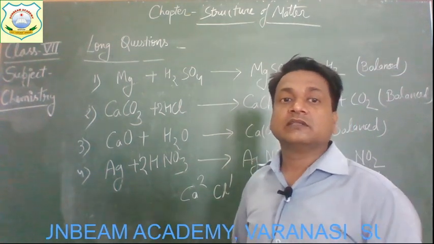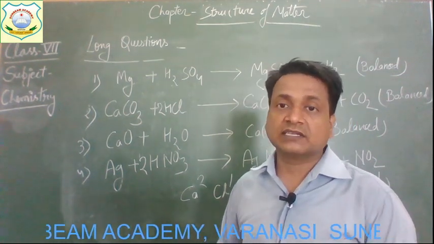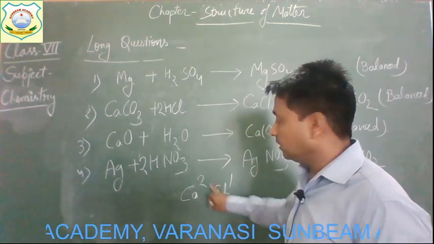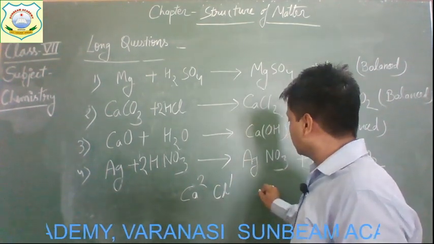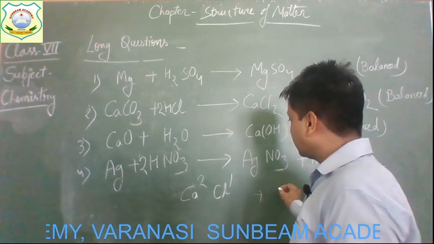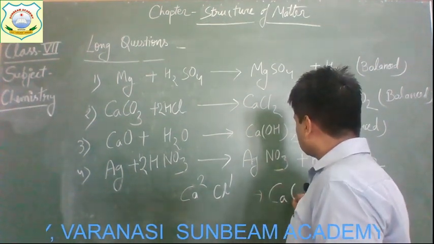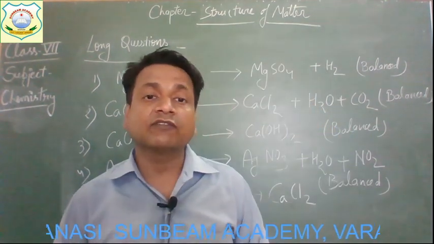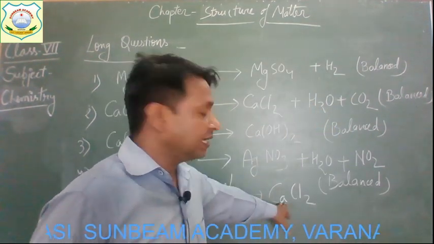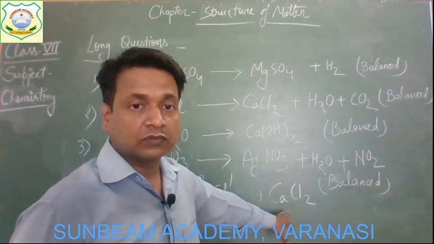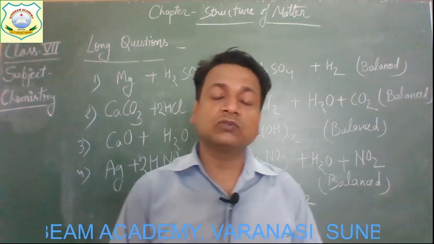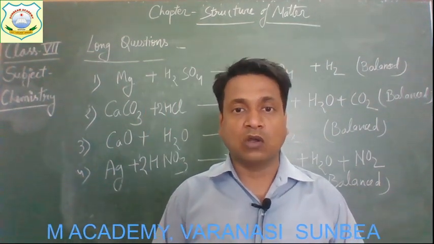Okay, and there are no common factors in the valencies 2 and 1. So we will interchange them, and by interchanging the valencies we can write CaCl2. Okay, so the formula of calcium chloride will be CaCl2. Understood, children? Okay, so I hope that you understood all the answers of the long questions.